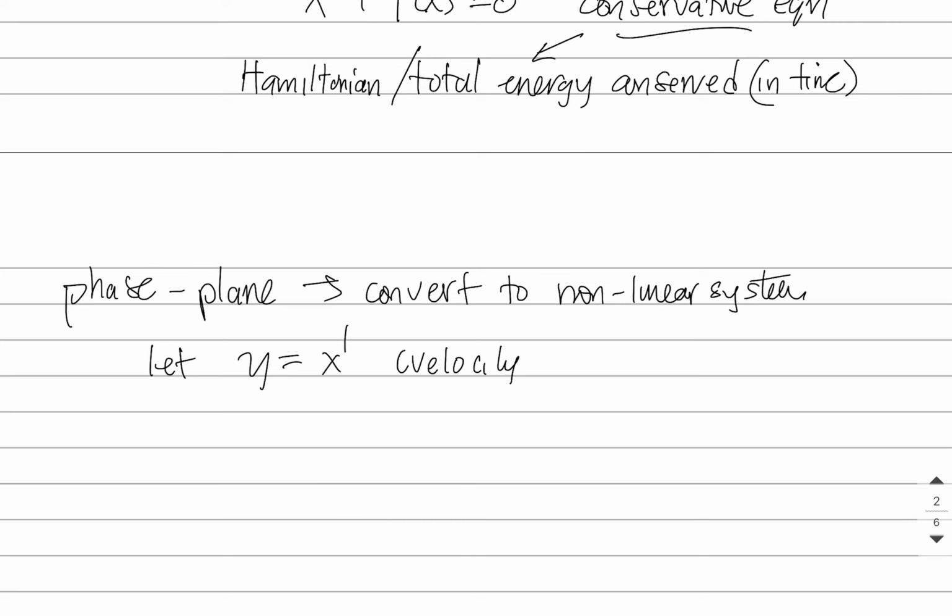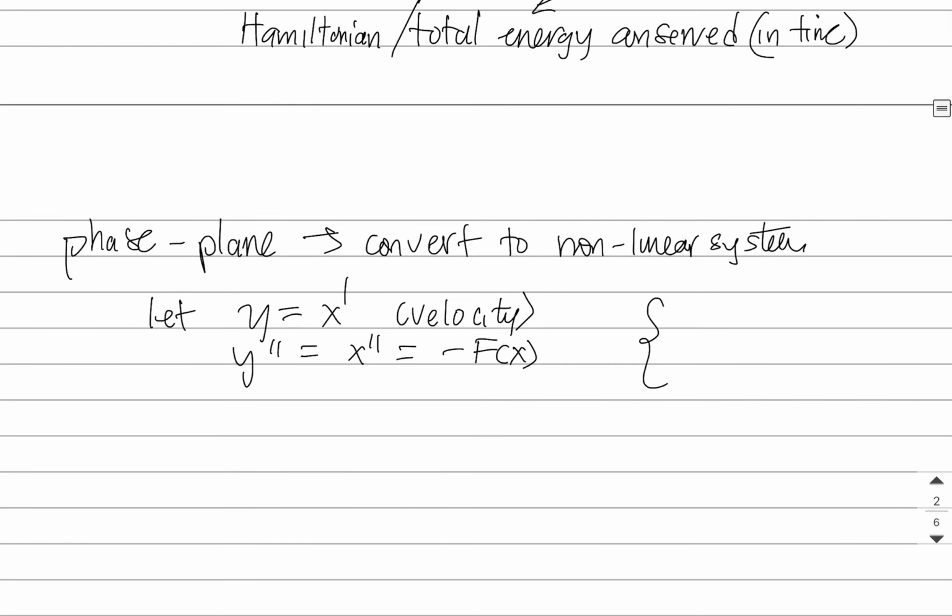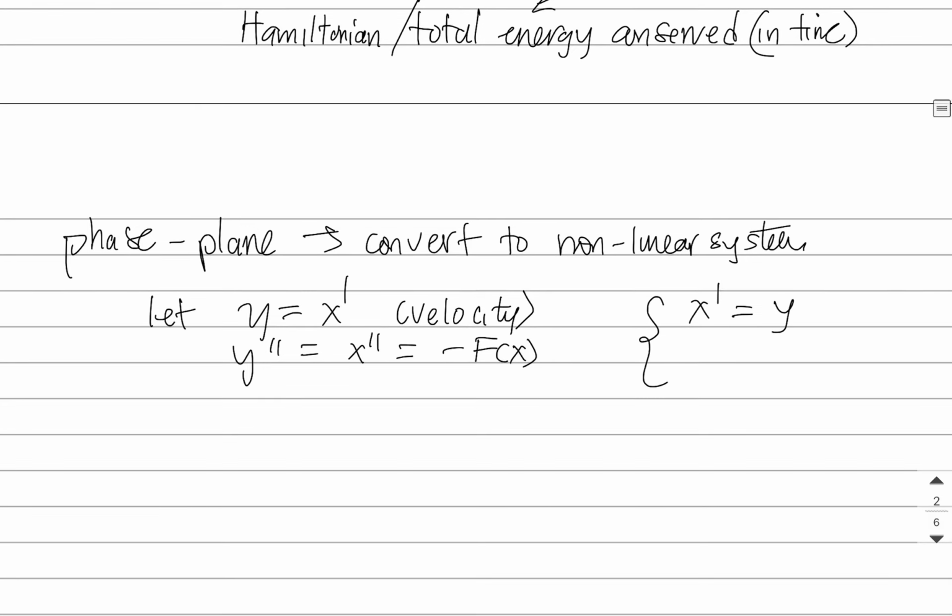And y prime will then be x double prime, and from the equation, this is going to be negative f of x. So we'll have our nonlinear system: x prime equals y, and y prime equals negative f of x. Again, f is some unknown, mystery function. And so what we would want to do here is study this system.